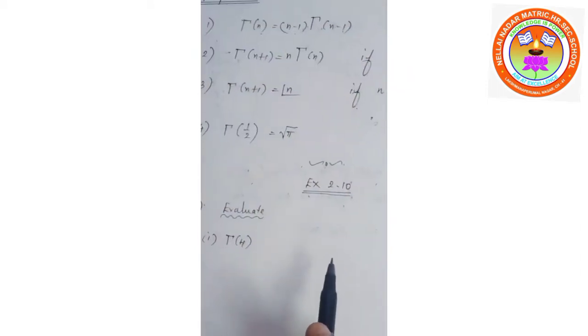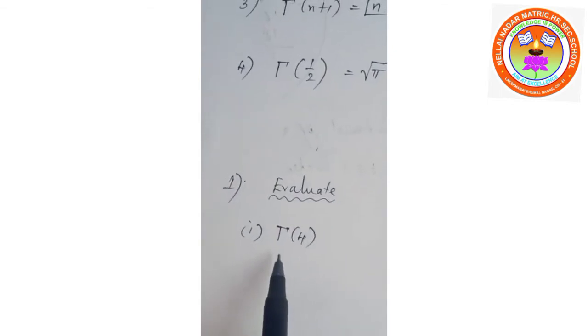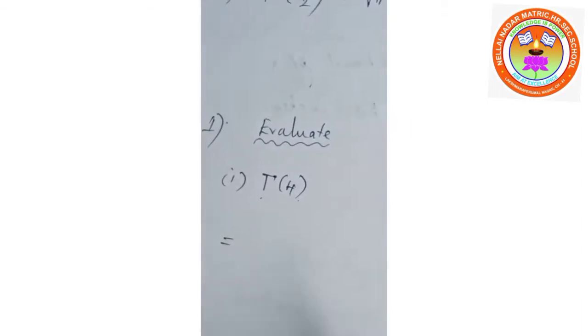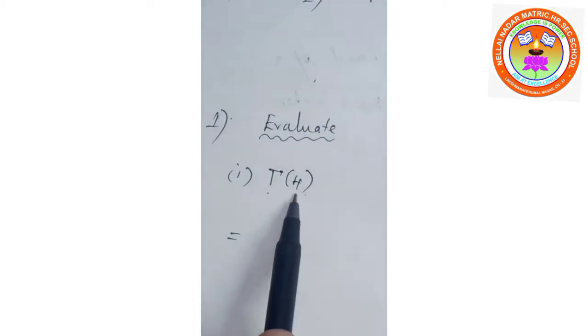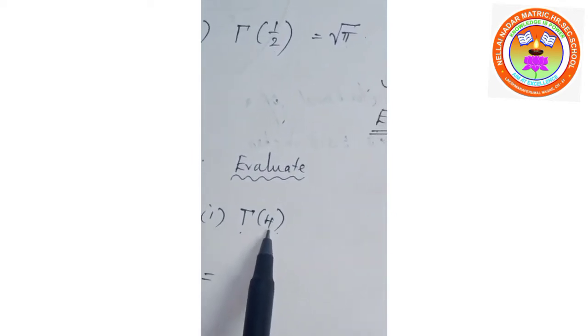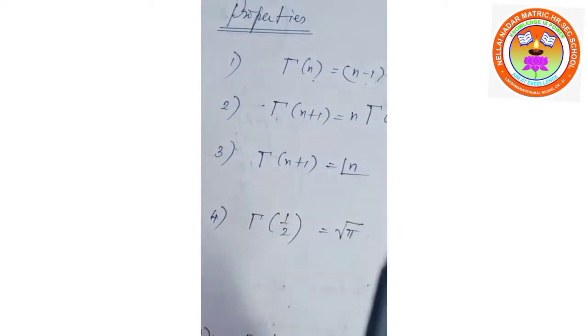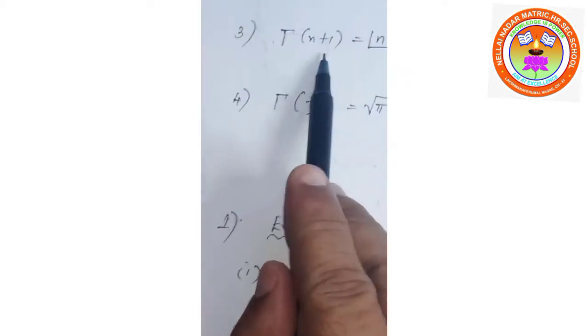Now we can do the first problem, first subdivision: evaluate gamma of 4. 4 is a positive integer, so we can apply the fourth property. For applying it, look at the left hand side of the property, gamma of n plus 1. So we have to write 4 in the form of n plus 1.